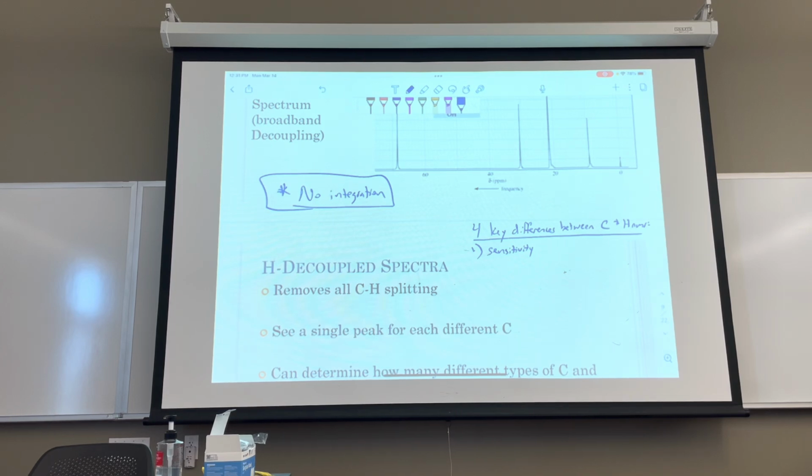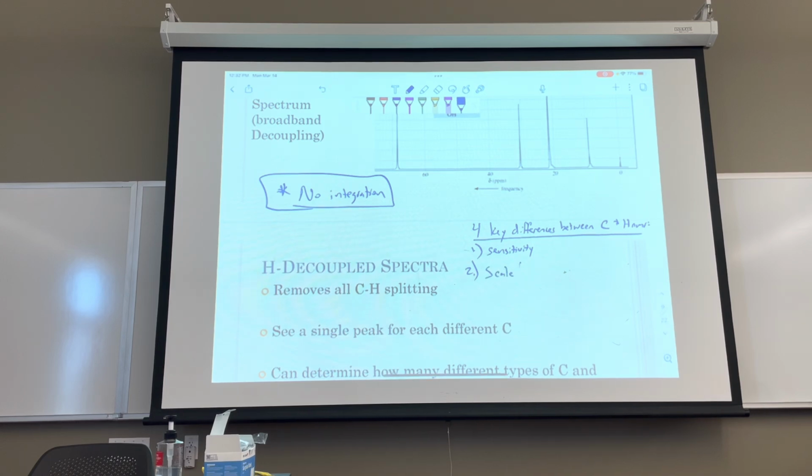And as I said a minute earlier, to address that, you either need very concentrated samples and/or many, many more scans.